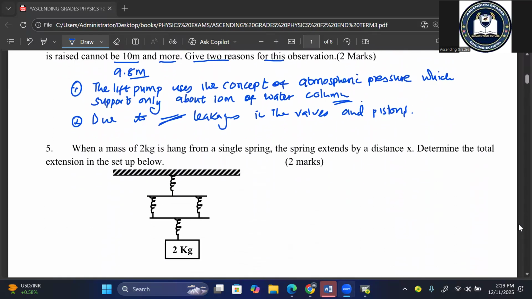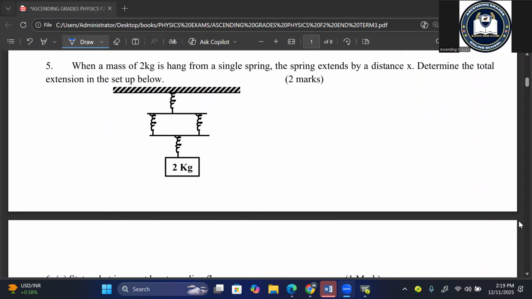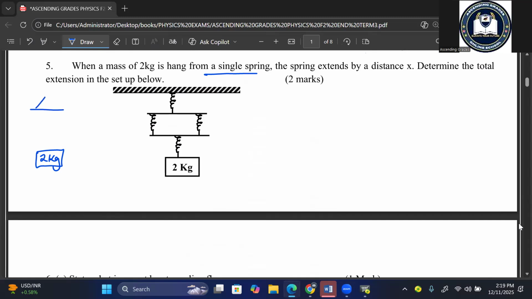So we have question 5. It is from Hooke's law. And it reads, when a mass of 2 kg is hung from a single spring, the spring extends by x.